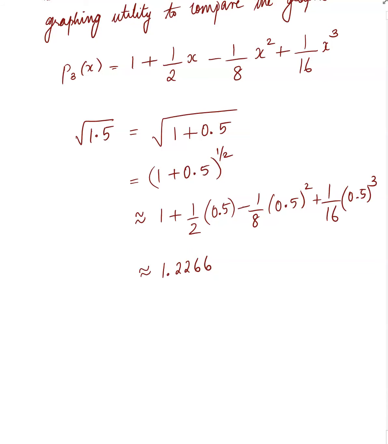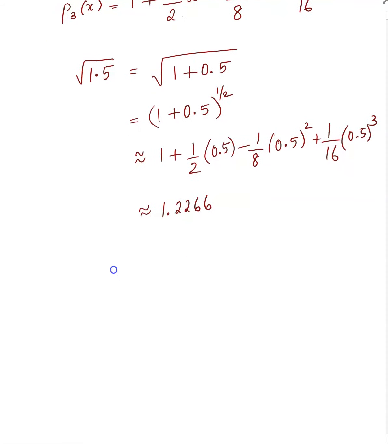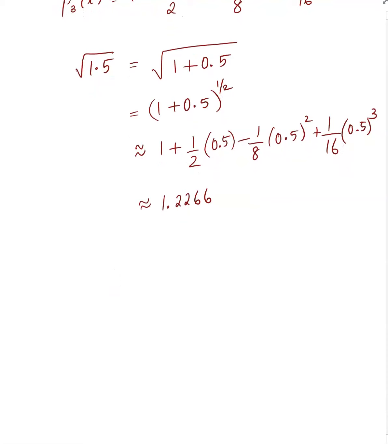All right, the next part says, use Taylor's theorem to bound the error. So we go back to Taylor's theorem on the remainder. That one says R3 of 0.5, right, Rn of x.